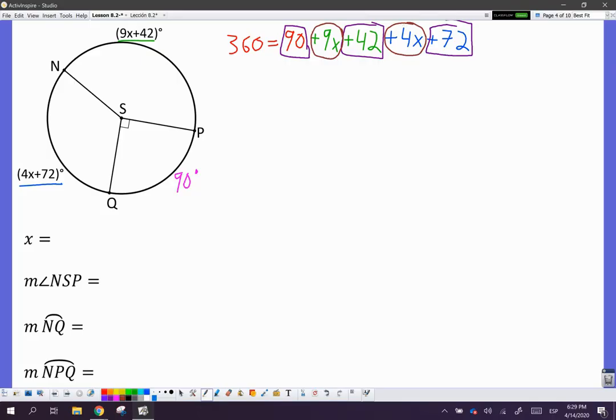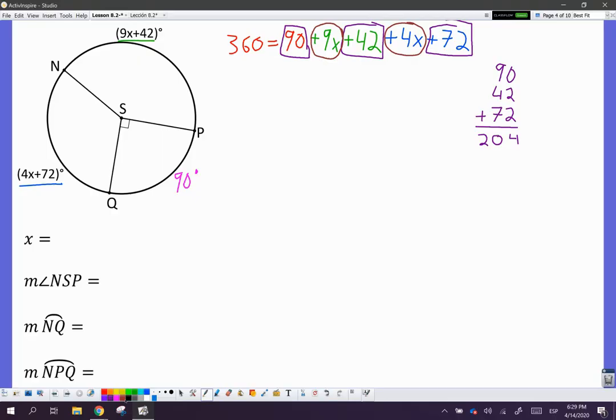Now I'm going to combine these. So I have 90 plus 42 plus 72. And that's 9 plus 7, 16, plus 4 is 20. So I get 204.